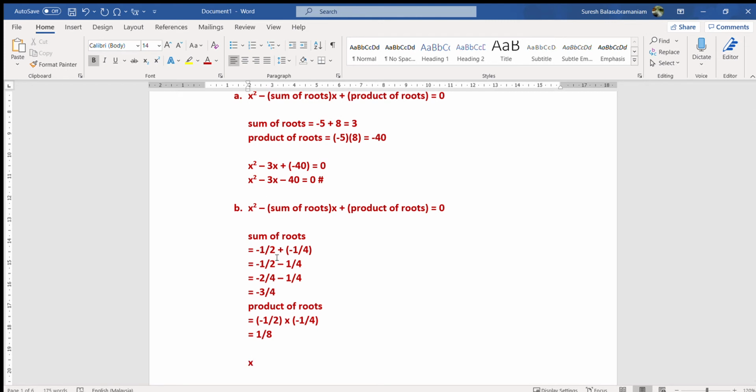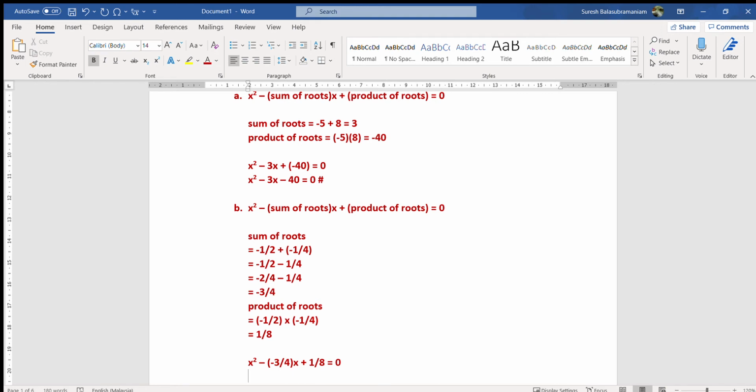So x square minus sum of roots is negative 3 over 4. So in bracket negative 3 over 4 x plus product of roots is 1 over 8 equals to 0.